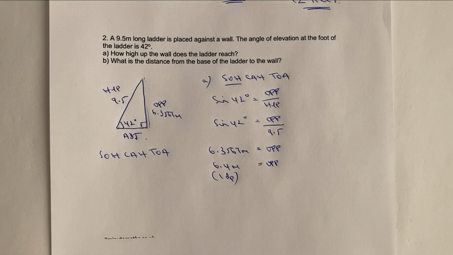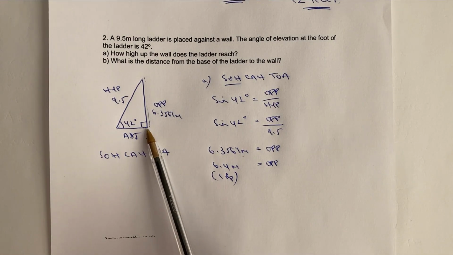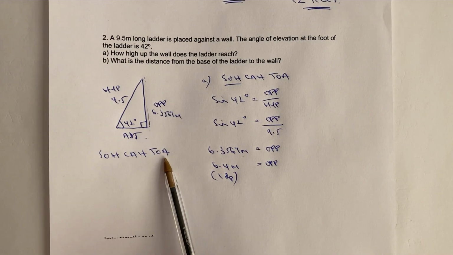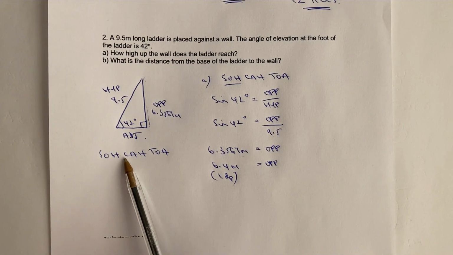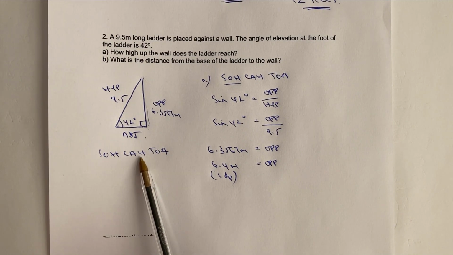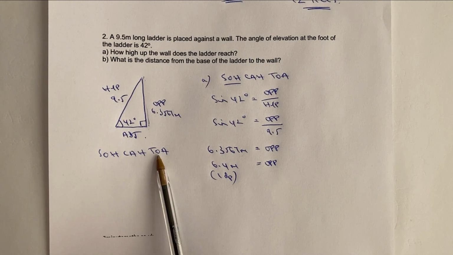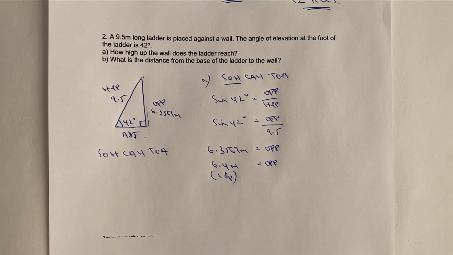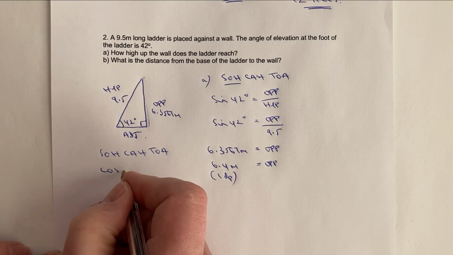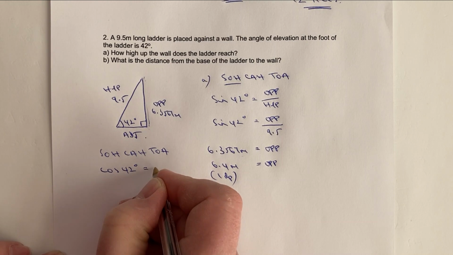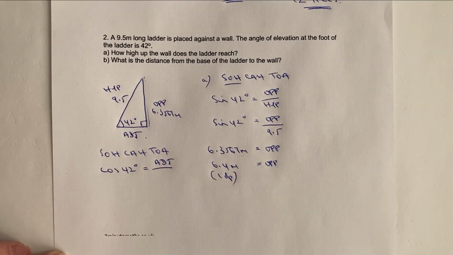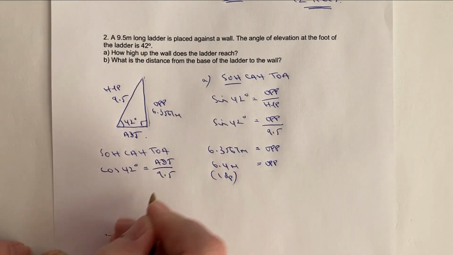Well, I need to find out the adjacent, so it's either going to be the cosine or the tangent, because actually I know the angle, so cosine or tangent is fine. I know the hypotenuse, that's fine. And I know now the opposite, that's fine. So basically, I can write the cos of 42 degrees equals the adjacent, which is what I'm looking for, divided by the hypotenuse, 9.5.